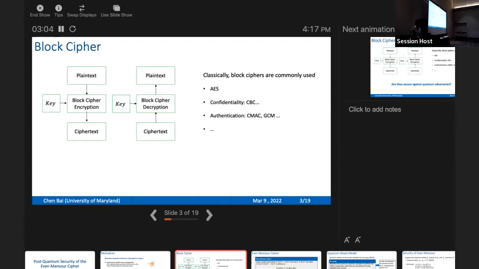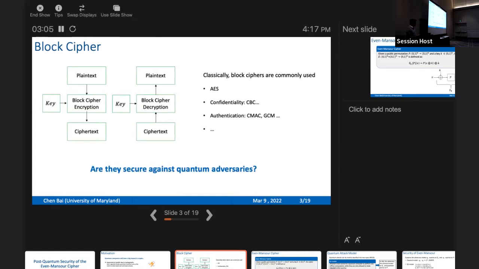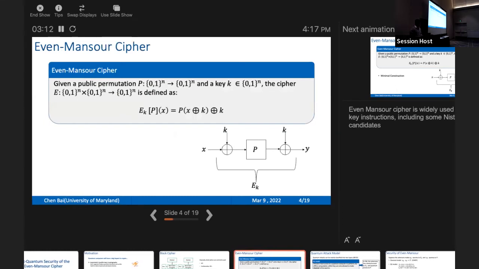So apparently, block ciphers are very well studied and well used classically. Now the question is, are they secure against quantum adversaries? I guess this part hasn't been answered a lot. To study this, we start with one of the simplest block ciphers, which is called the Even-Mansour Cipher. The Even-Mansour Cipher is just a general construction of a block cipher from a publicly known permutation.